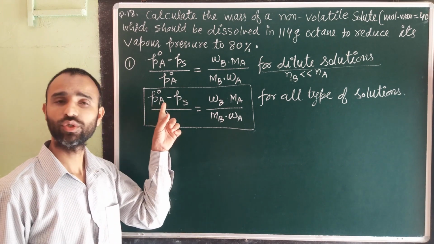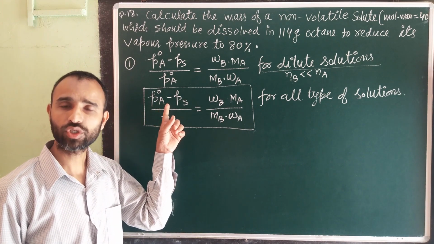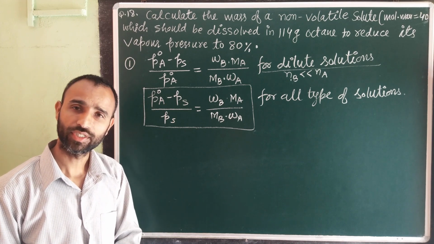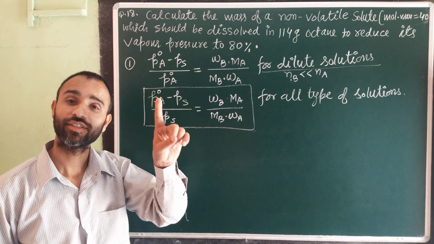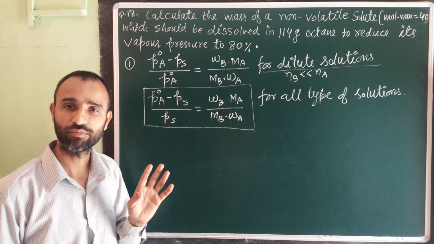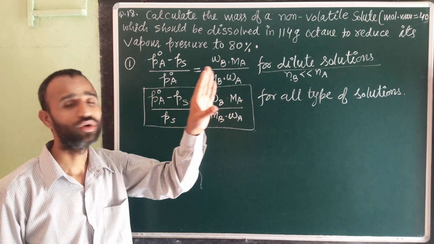P naught A is the vapor pressure of pure solvent, PS is the vapor pressure of solvent in solution, or we can say it is the vapor pressure of the solution, because the solute is non-volatile.